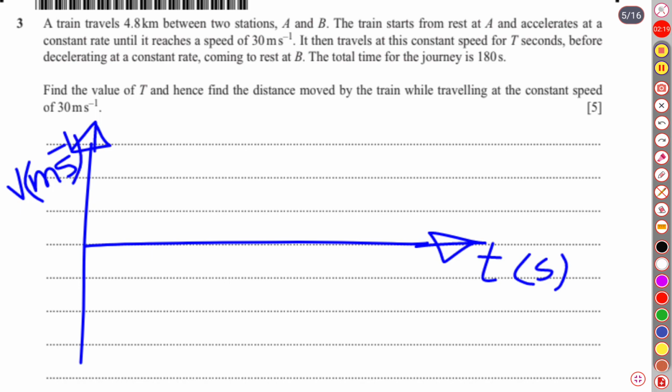Then it started from the first station, A, from rest.